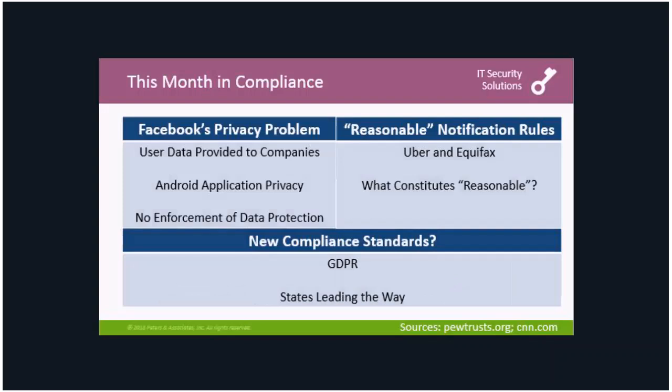So both of these stories go to what we might be facing soon, and I think this slide is a lot more future-looking, so this is not something that I think you need to go tackle right away, but what kinds of new compliance standards are we going to see from this? Obviously, GDPR, the EU's new data protection and data privacy regulations, go into effect in May, and there's a lot to GDPR, but the core tenet is that EU citizens' data must be identified, and they have a right.